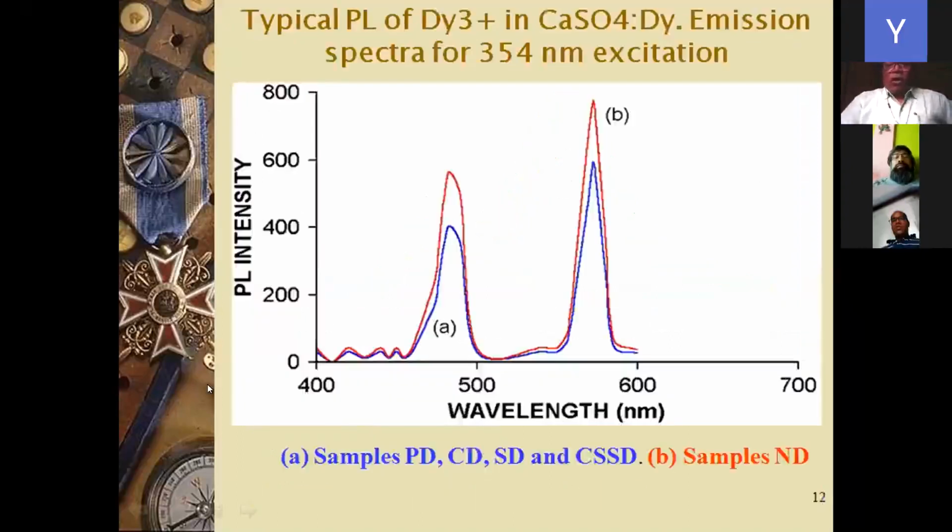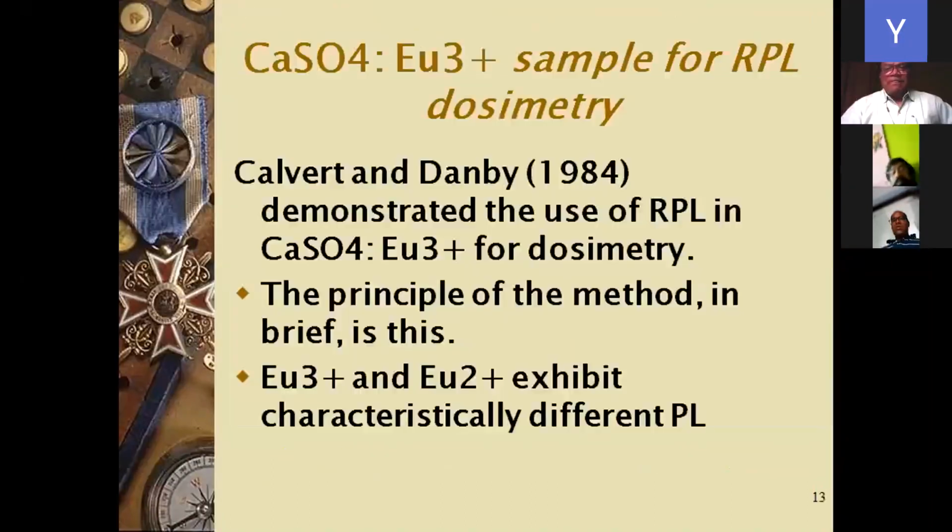If you go for the photoluminescence at 354 nanometer excitation, you will see that sample ND gives you the best performance. So it is for RPL dosimetry, U2 plus, U3 plus conversion by absorption of radiation one can use for.